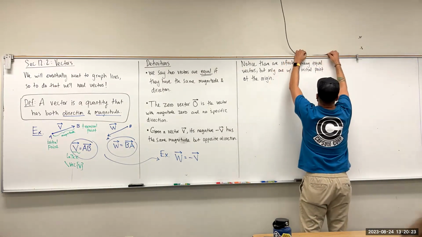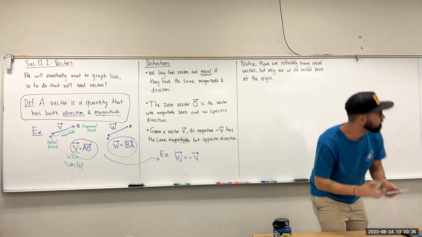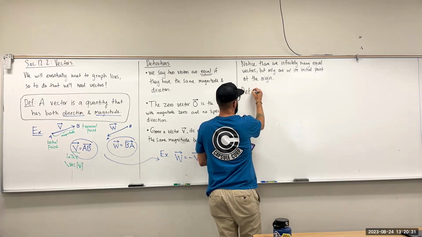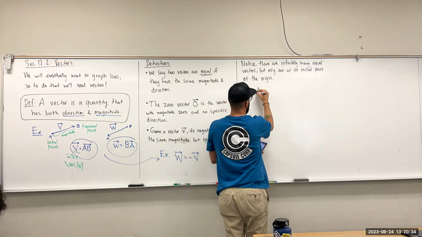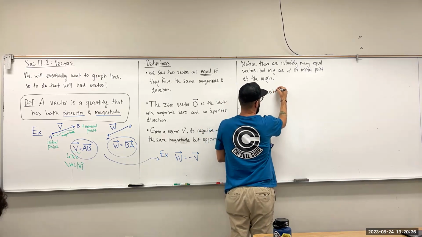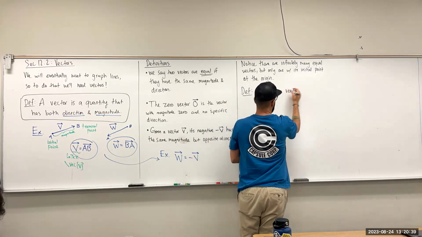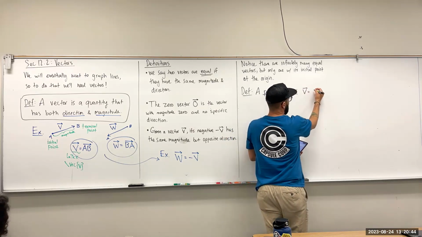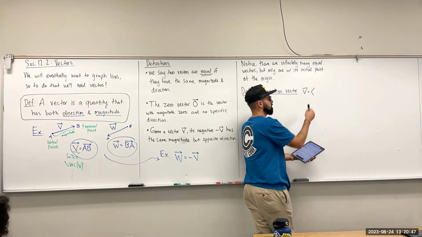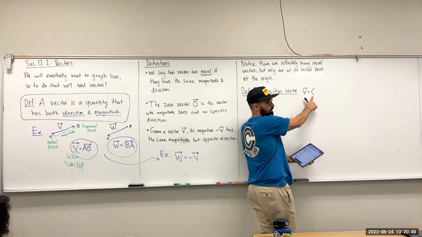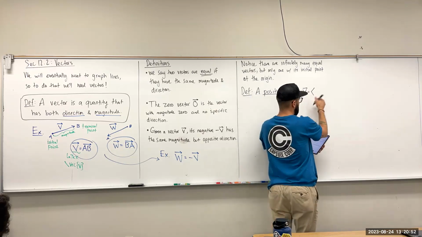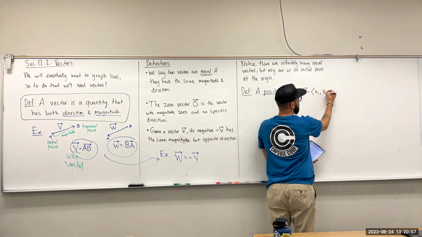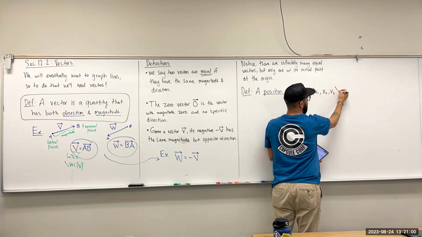So let's define that one. A lot of definitions, I apologize. That one's called the position vector. So the position vector V, and now we're going to give it kind of like coordinates, but instead of writing it as a point, we're going to use the vector bracket. We're going to call its components V1, V2, and V3, kind of like a point.